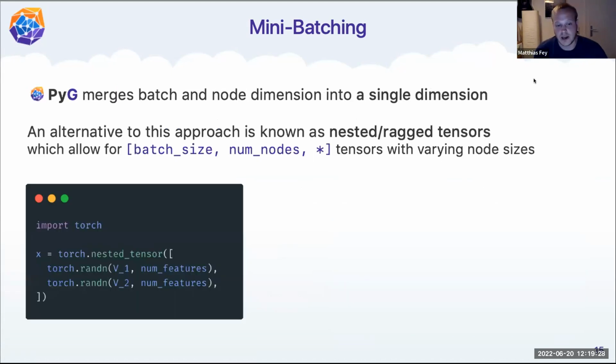One thing I want to highlight is that PyG merges the batch and node dimension into a single dimension. And in my understanding, since I've worked so long with that, it's super intuitive. I understand that people have problems with that, and there's an alternative approach emerging that is referred to as nested or ragged tensors.